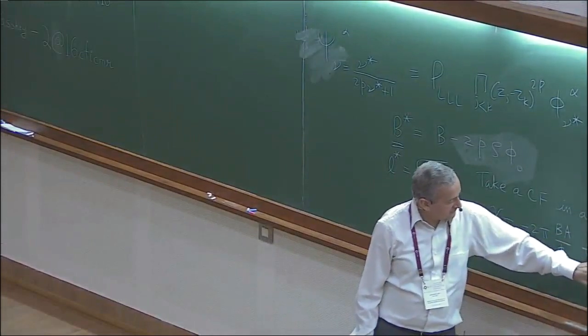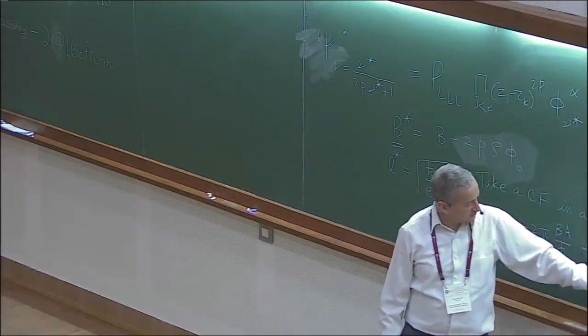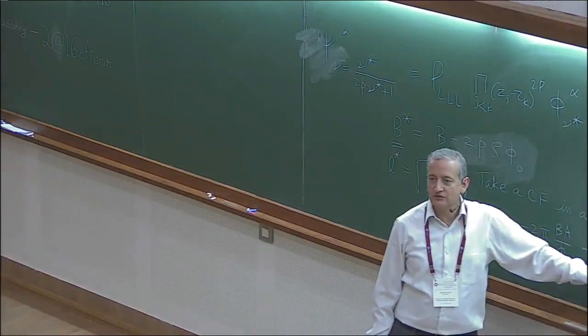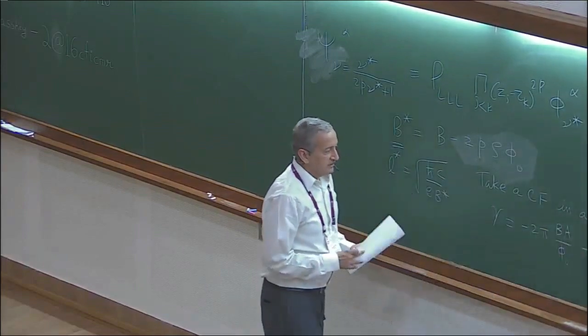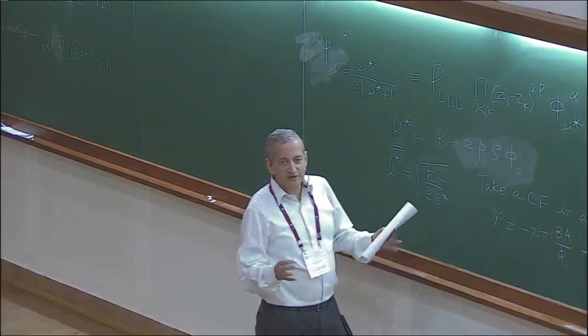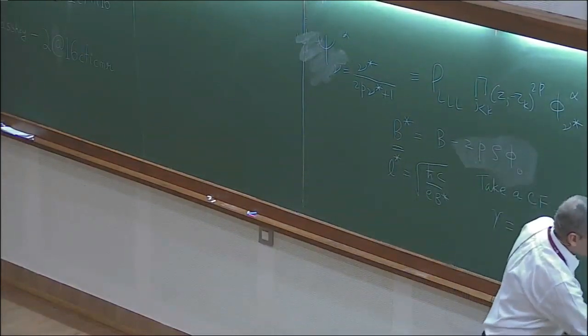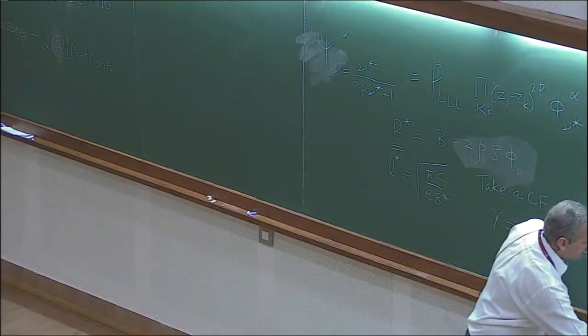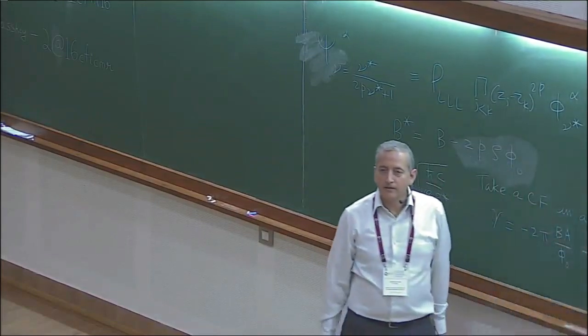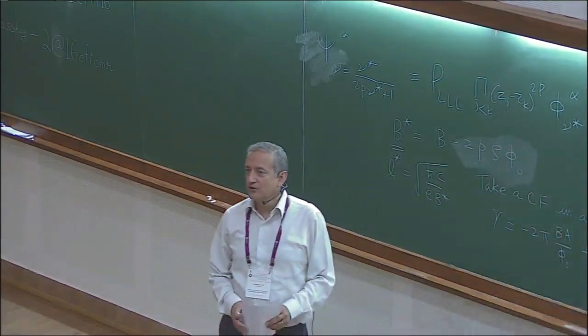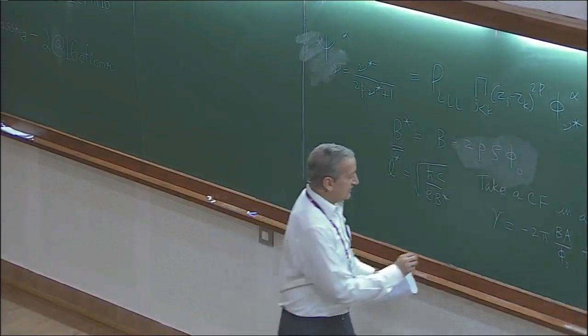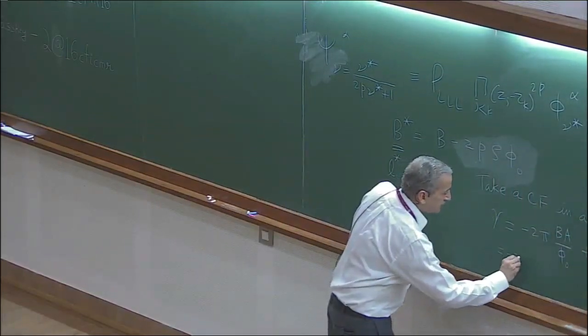Now I'm going to make a mean field approximation, and I'm going to write this as density times the area. So I will replace n enclosed by its average value, and that gives me minus 2 pi A divided by phi naught.